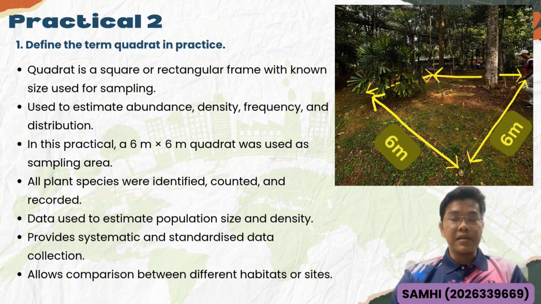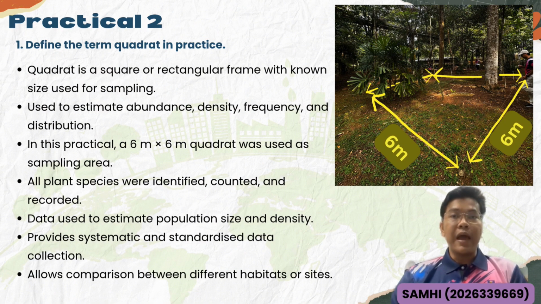In this practical, a quadrat measuring 6 meters by 6 meters was used to define a fixed sampling area. All plant species inside the quadrat were identified, counted, and recorded.